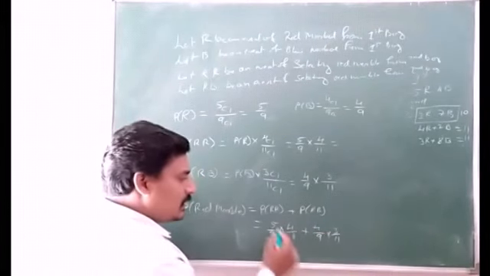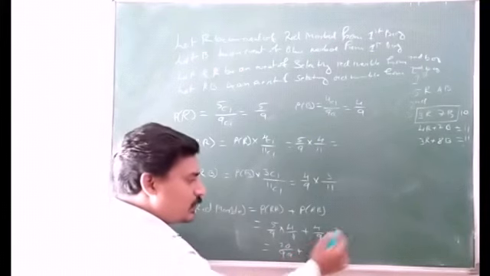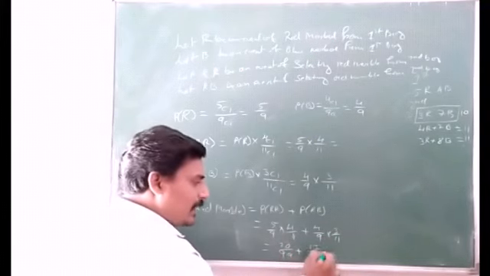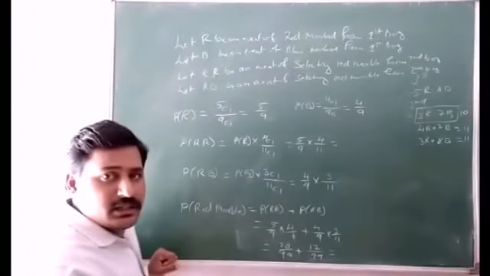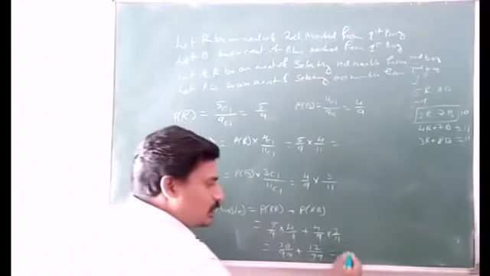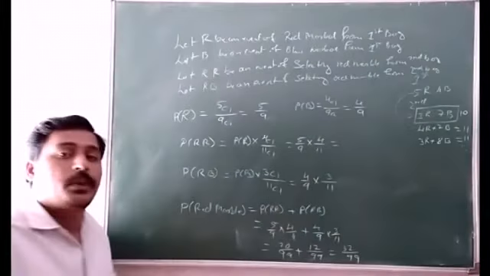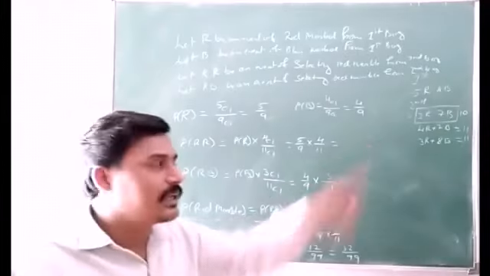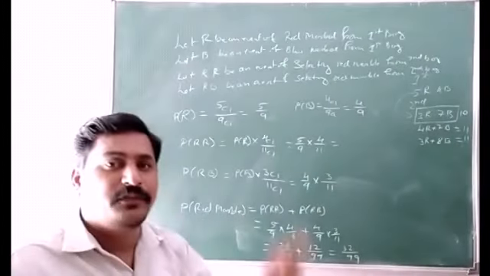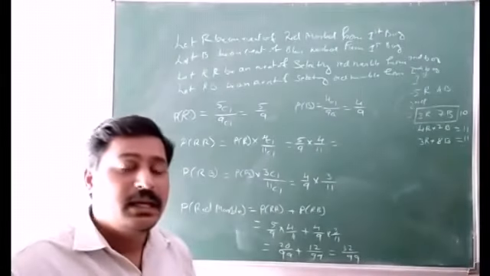That is nothing but 5 into 4, 20, 20 divided by 99 plus 4 into 3, 12 divided by 99. Denominator is the same here. So 20 plus 12, 32 divided by 99. So probability of getting red marble from the second bag after placing a marble from the first bag is 32 divided by 99.